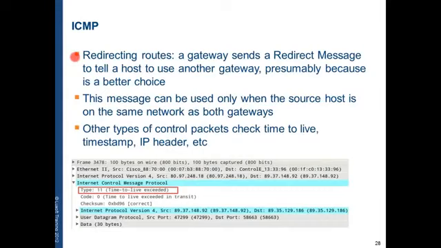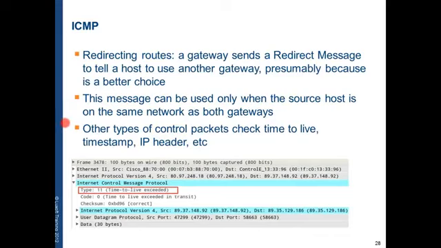So it will reply with a redirecting message, that we have here, and it will say to the host, please use the other gateway because it's more suitable than me. This message can be used only when all three participants are in the same subnet, the two gateways and the host.